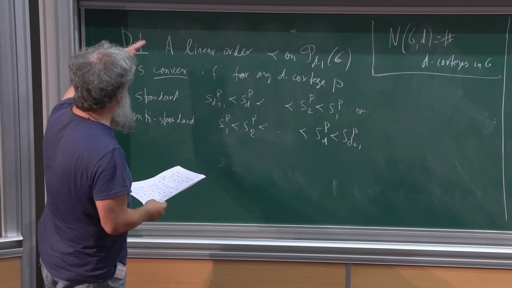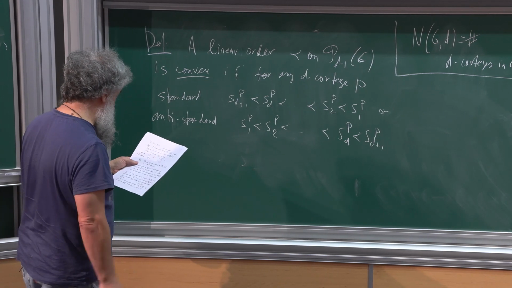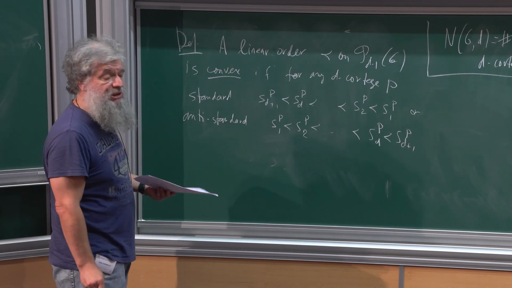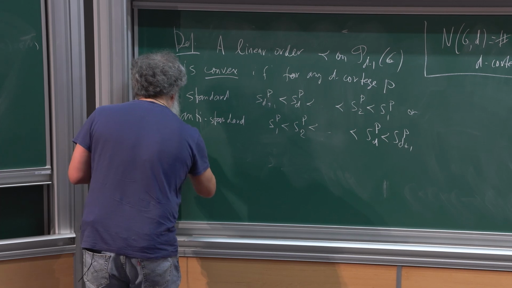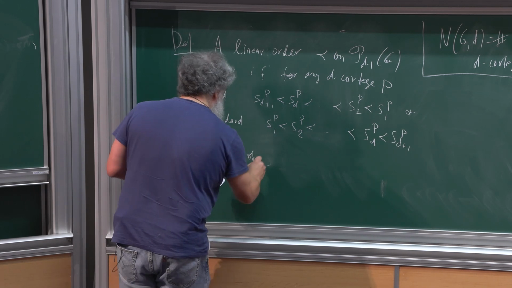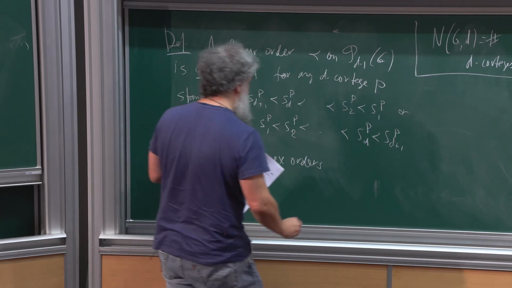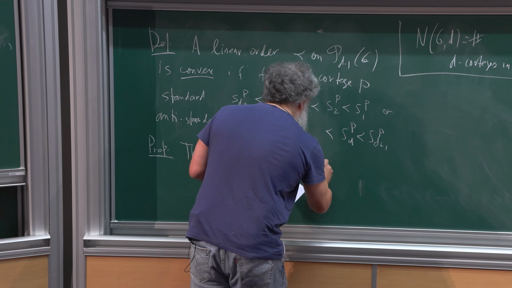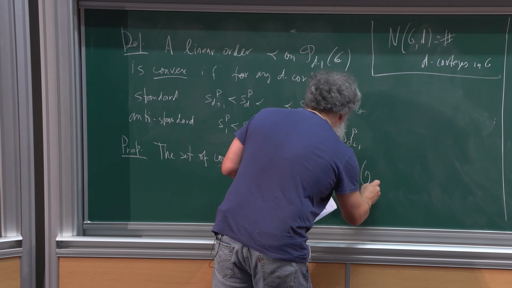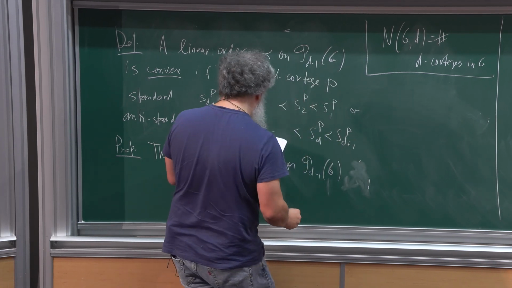And then we are interested in studying such linear orders. First, we have to be sure that the set of such orders is non-empty. So this is the proposition: the set of convex orders on P d minus 1 of G, which is denoted O d, is non-empty.